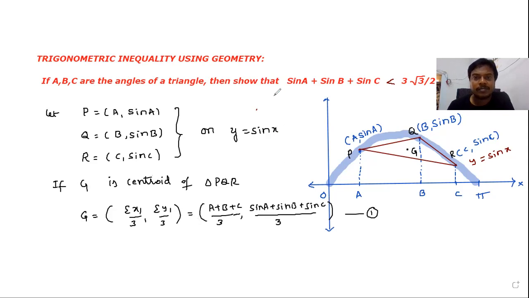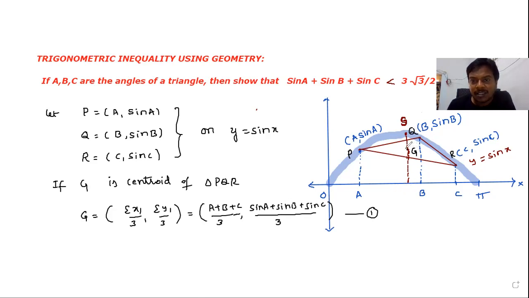Next, observe the graph. Let us suppose there is a point on the curve here. Assume that this is S. S is a point on the curve y equal to sin x such that the input is (A plus B plus C) divided by 3.